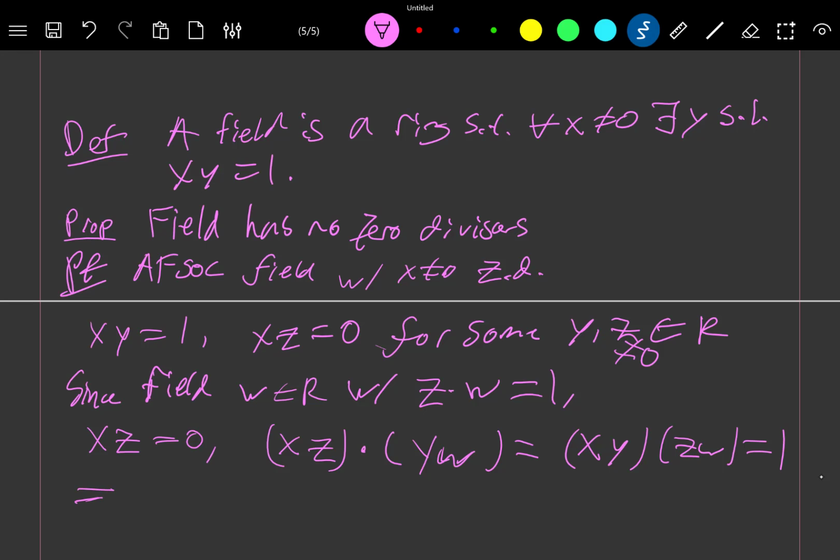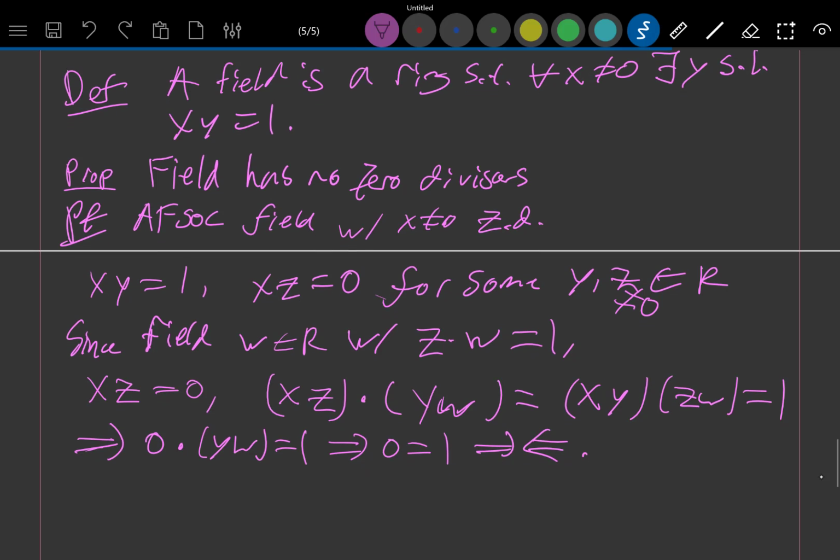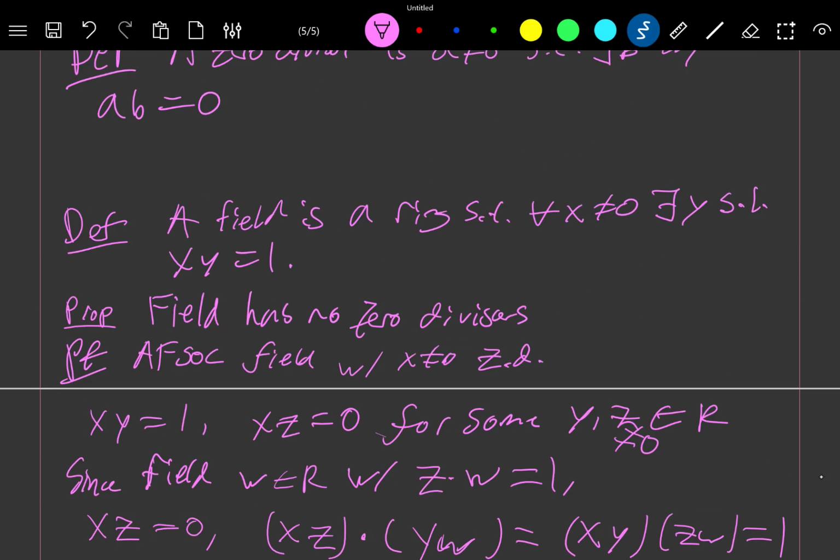But that tells us that 0 times xw is 1, which would tell us 0 is equal to 1. And that's not the case. So this is the contradiction, because 0 times anything is 0. So you can't have zero divisors in a field.